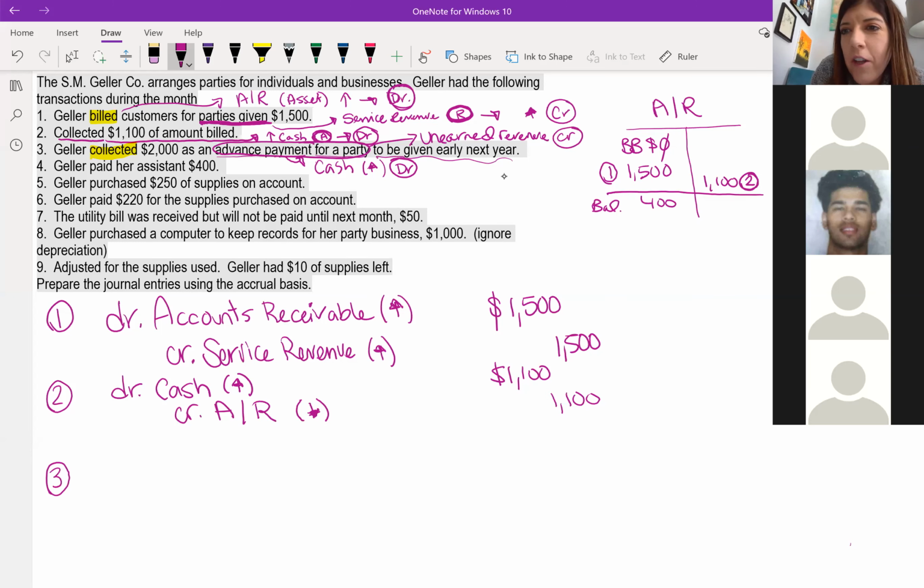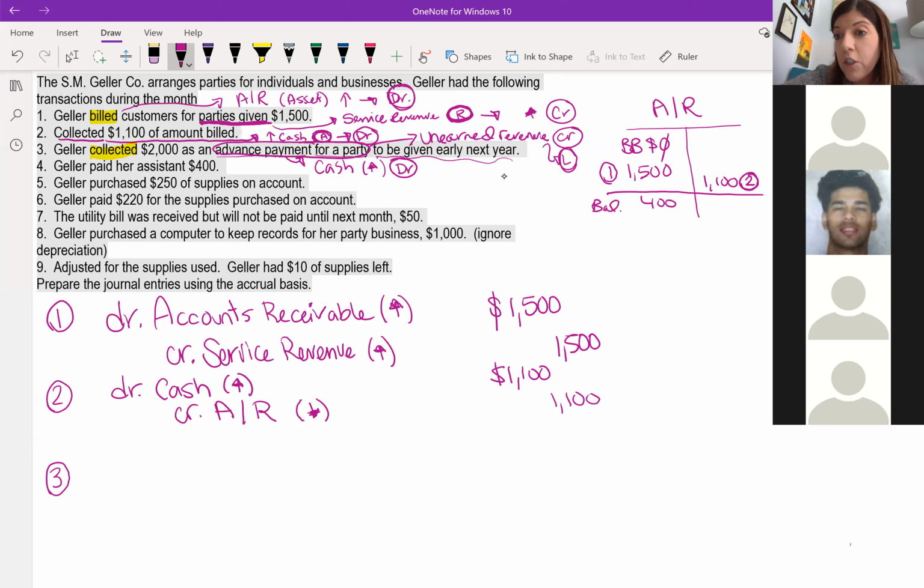So unearned revenue is a liability. So it increases with a credit. And it's an obligation to perform a service or provide goods to our customer in the future. A common unearned revenue or deferred revenue is gift cards.